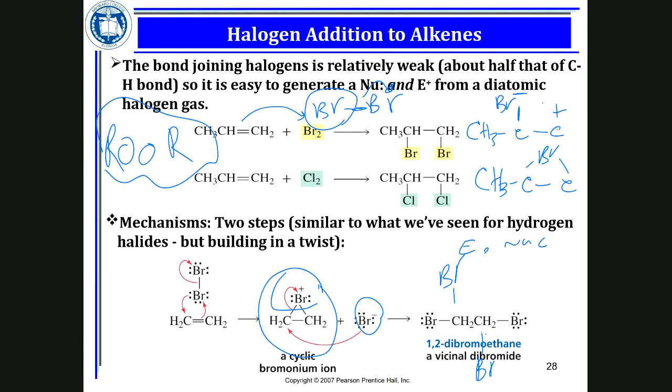In this case, there's no difference. So since there is no difference, Markovnikov or anti-Markovnikov is not applicable when you are adding halogen, so Br2, Cl2.